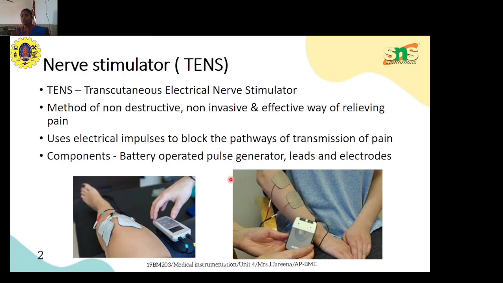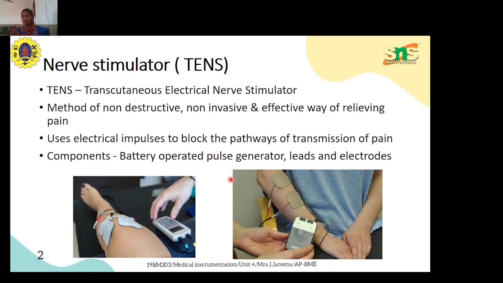Then, last but not least, the most important thing, the electrodes. Through these electrodes, we transmit the electrical impulse to the skin. So these are the three major components of nerve stimulators: one is the pulse generator, second is leads, and third is electrodes.